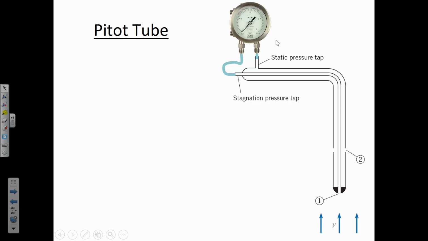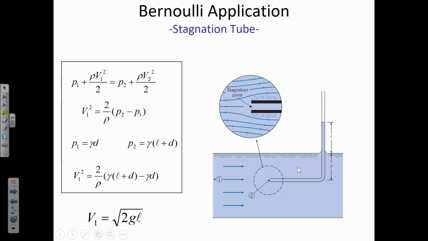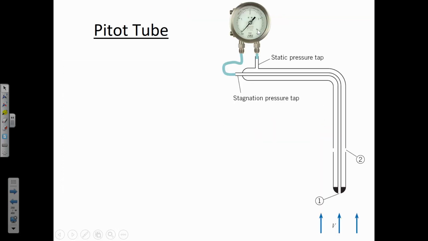And the other thing that's kind of nice is it's measuring a difference in pressure. Rather than measuring some height of a liquid rising inside of a tube, we can just connect a gauge now and measure a difference in pressure. But let's talk about why the difference in pressure arises. Let's assume just for now that this is a top view of the Pitot tube, that we're looking down from above on the Pitot tube.